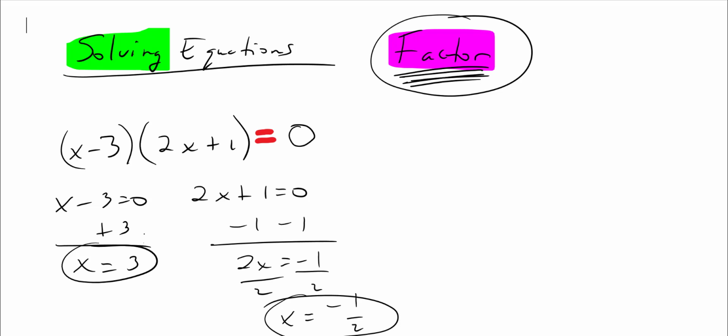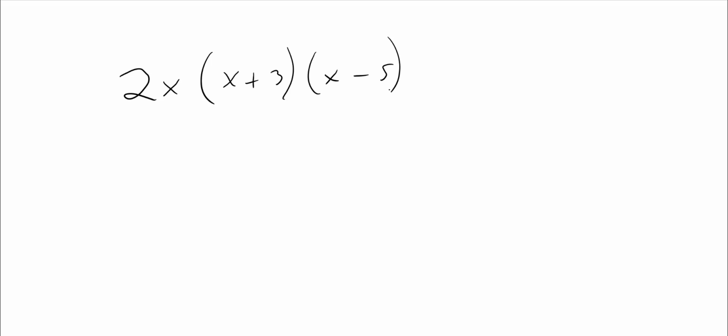It's that simple. Before we get into a slightly more complicated problem, I want you to understand something, so let's do another quick problem. If I have, for example, 2x times x plus 3 times x minus 5, wherever I see a variable, I'm going to set it equal to 0.